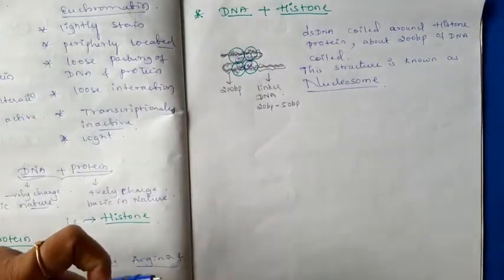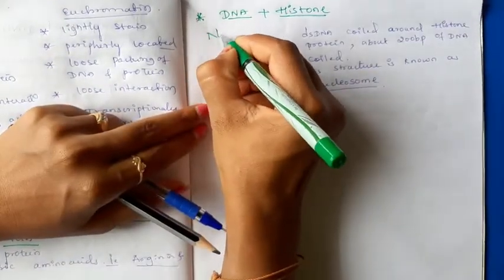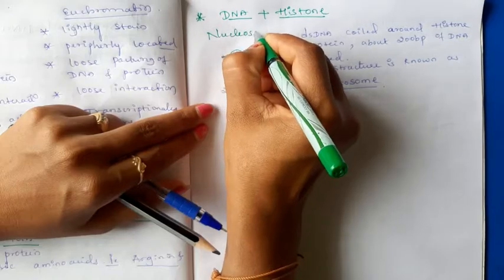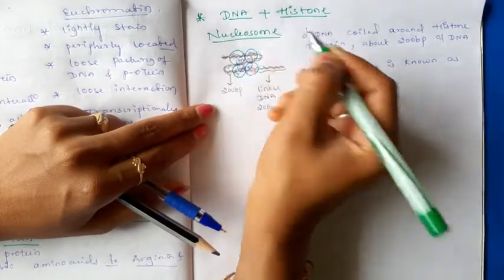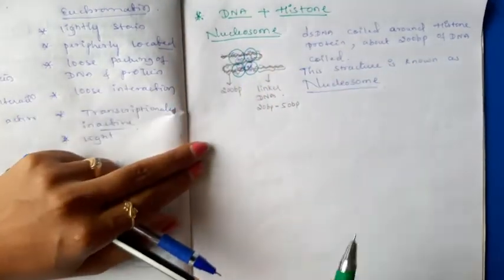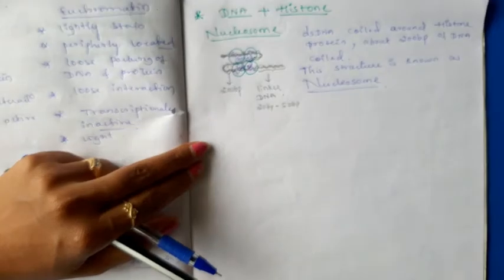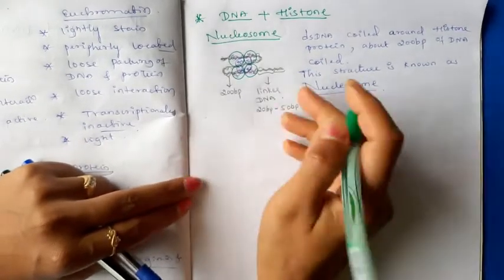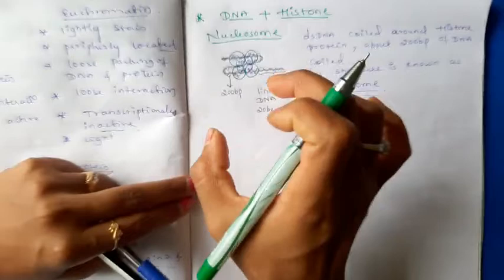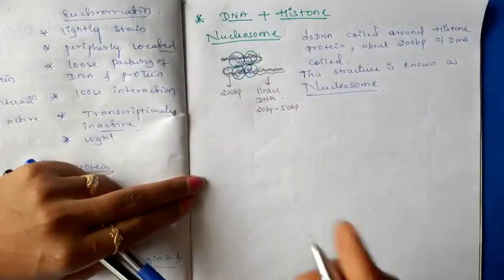This is about the nucleosome. Nucleosome is very important. DNA is coiled around histone to form a structure nucleosome. Then it will shorten the DNA length.